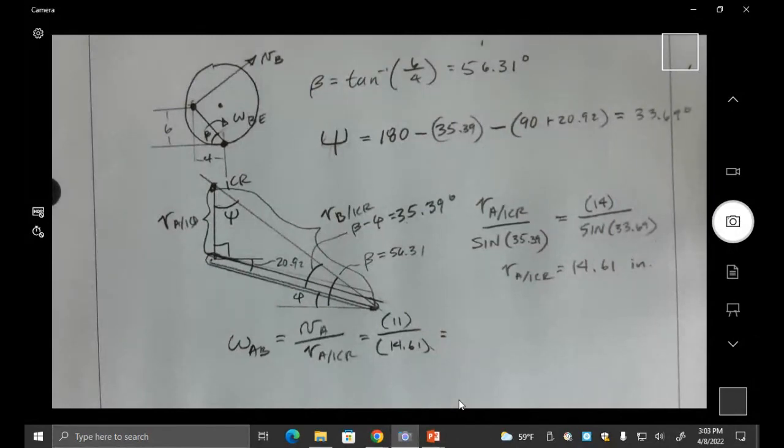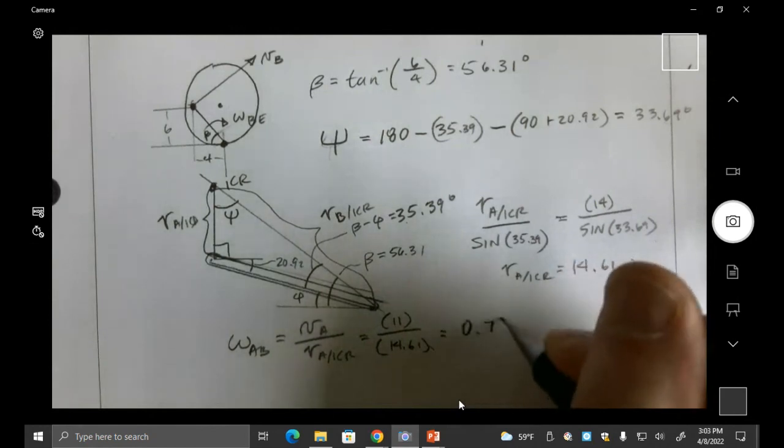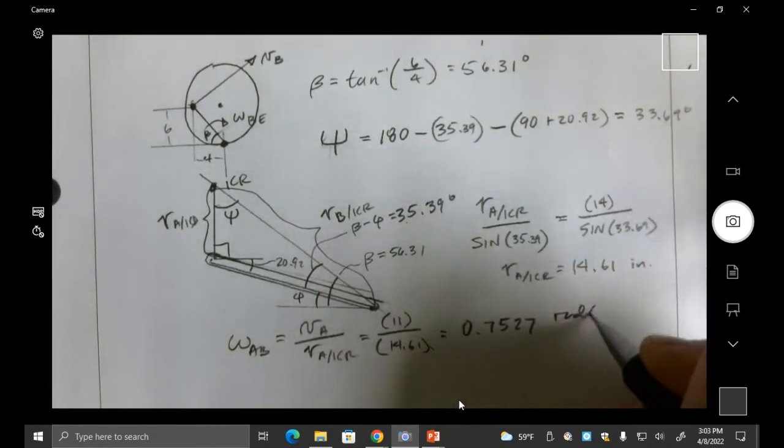So he jumps around here. His solution is a little confusing. I'm looking for omega AB, and I don't think he writes it out. I think omega AB should be 0.7527 radians per second.